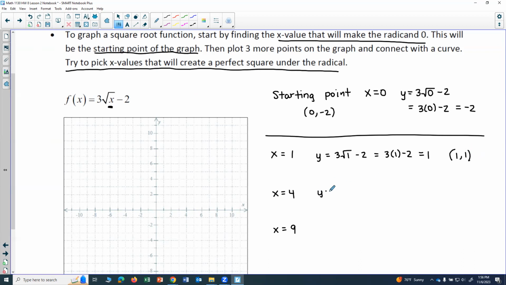When x equals 4, I'll get y equals 3 square root of 4 minus 2. Square root of 4 is 2, so that's going to be 3 times 2 minus 2. 3 times 2 is 6 minus 2 gives me a 4. So I have the point 4, 4.